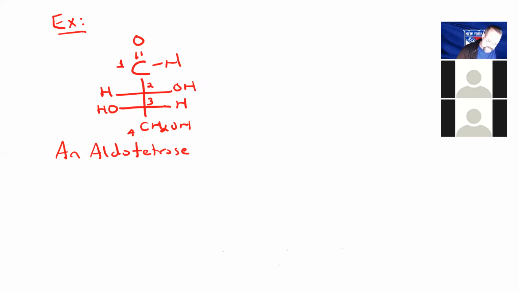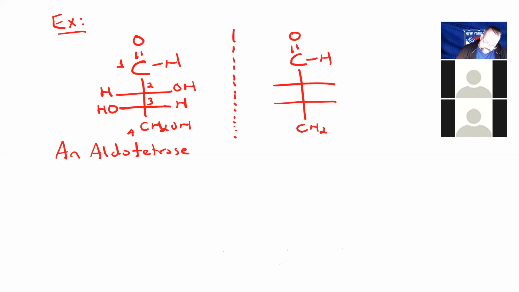Now, to draw the enantiomer. As I mentioned, we're going to want to use a vertical mirror. So upon doing so, everything vertical is going to stay exactly where it is. So the carbon chain stays exactly where it is.